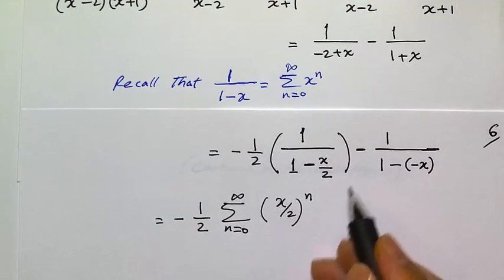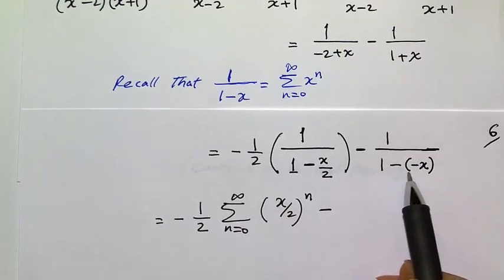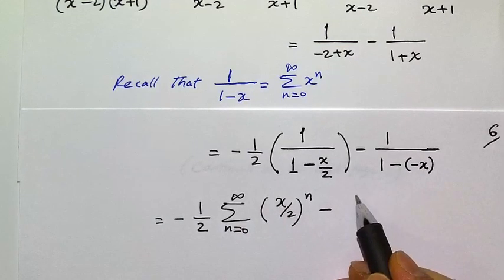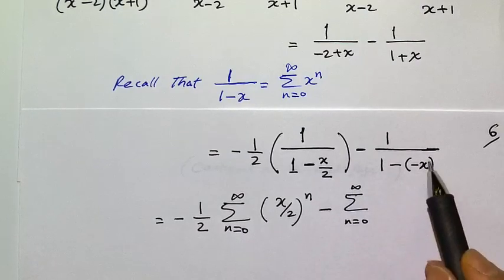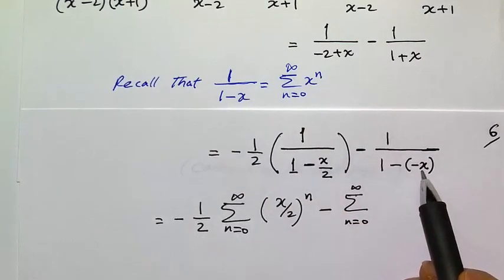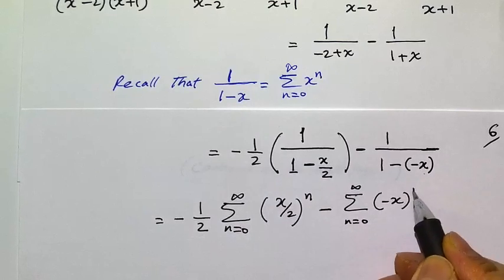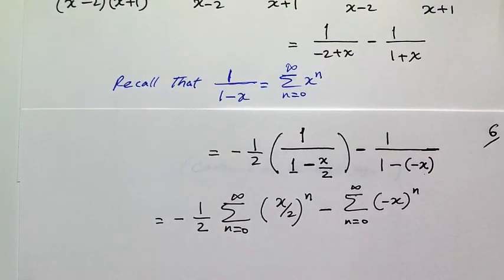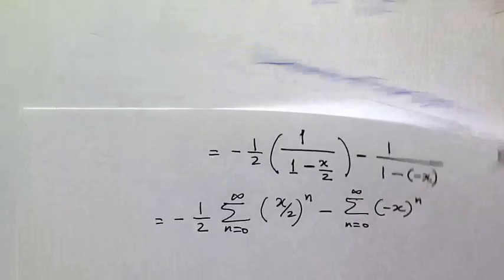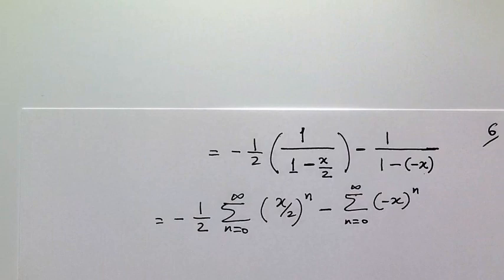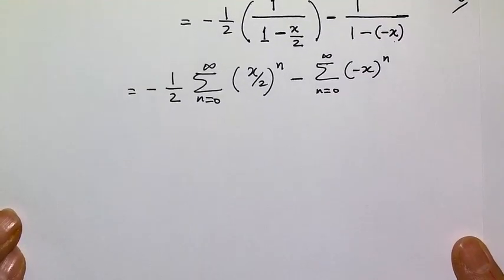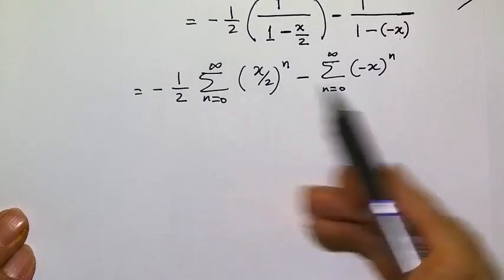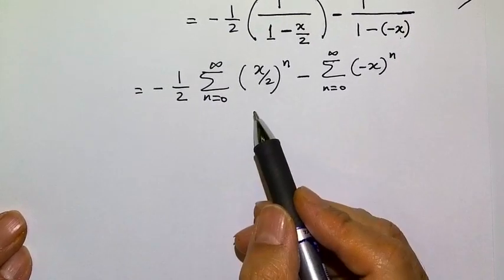And then minus, for this one, we have the series. Instead of x, we have minus x. So this will be minus x to n power. Okay. Now each one of these converges for a different radius of convergence, or has a different interval of convergence. Let's see what we get.